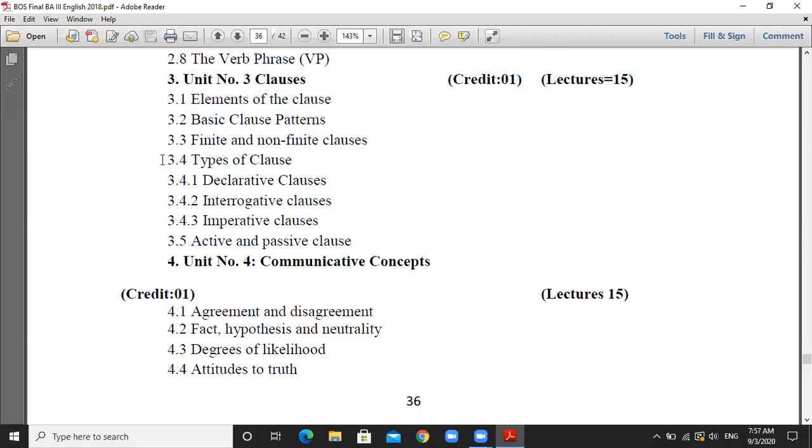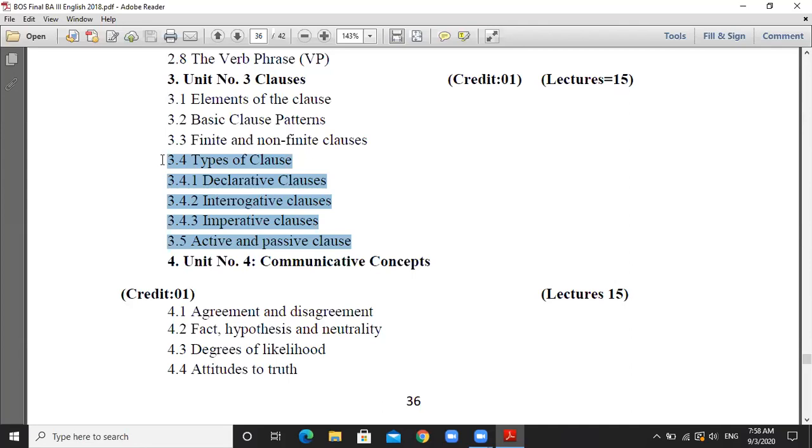So what are the types of clauses? Types of clauses are declarative clauses, interrogative clauses, imperative clauses, and active and passive clauses. So these four types of main clause we are going to study in this unit as a second part of this unit, right? In the first part of this unit, we will see elements of clause, basic clause pattern, and finite and non-finite clause. The difference between finite and non-finite clauses we are going to study, and then types of four main clauses.